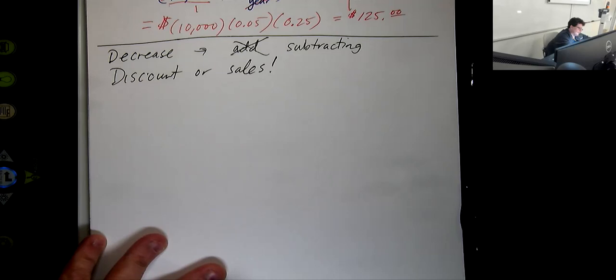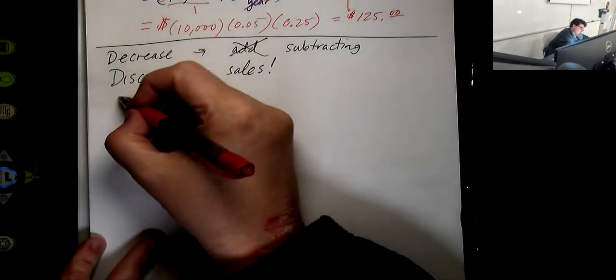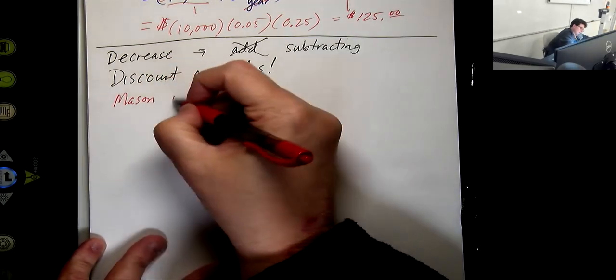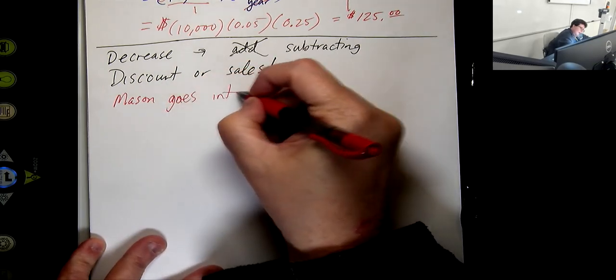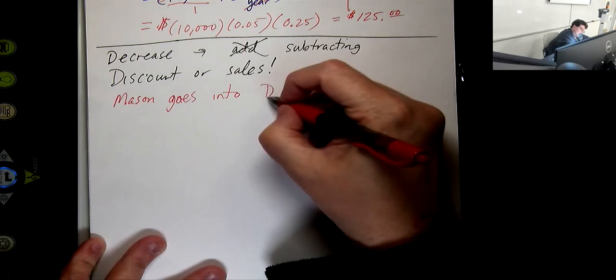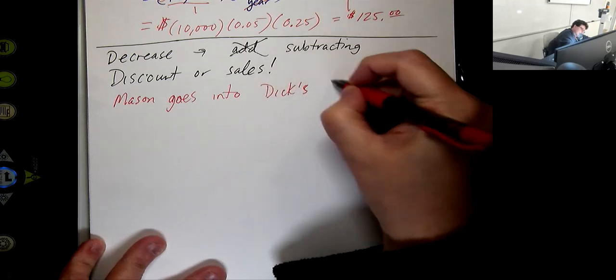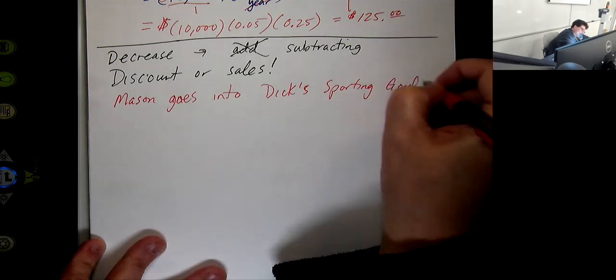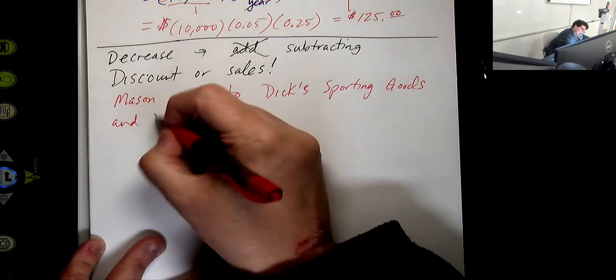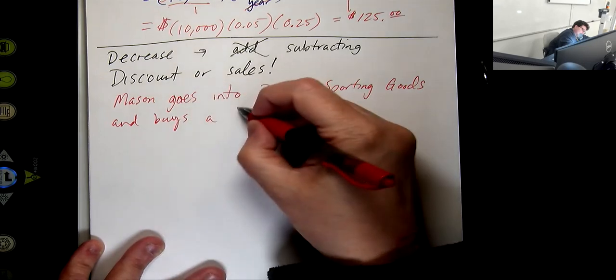So Mason goes into Dick's Sporting Goods and buys a black ski mask.